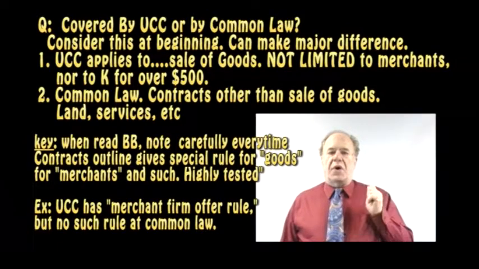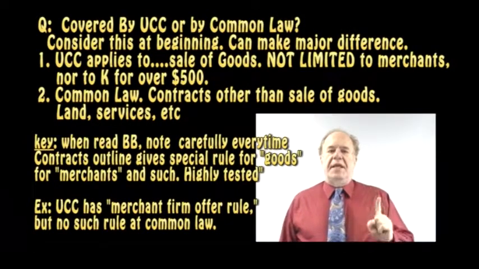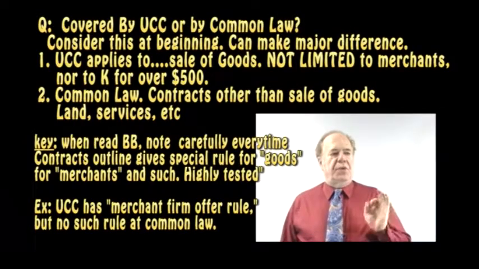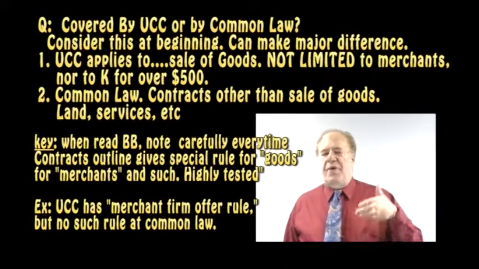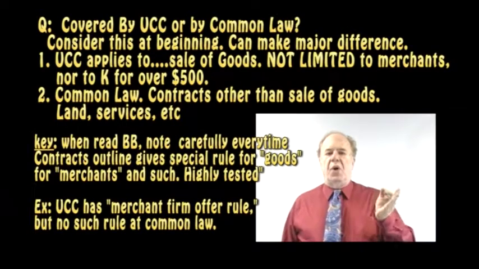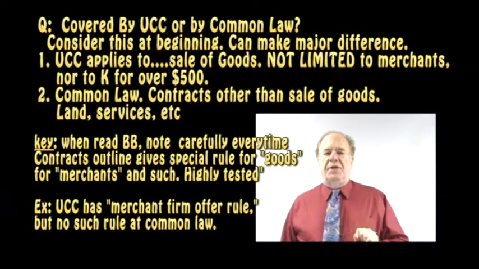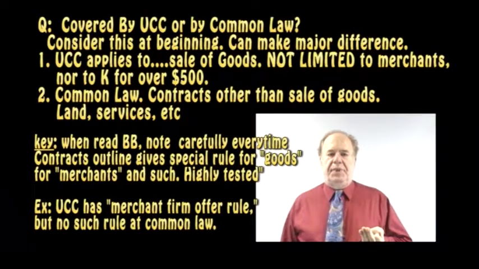UCC covers Article 2, contracts for the sale of goods, period. Sale of goods. You do not need to have merchants involved for the UCC to apply. The contract need not be for $500 or in excess of $500 for the UCC to apply. Those are special parts of the UCC. The $500 is for the statute of frauds to come into play.